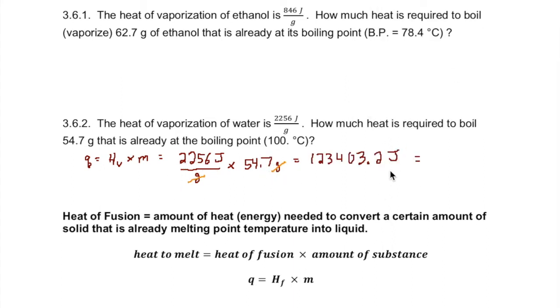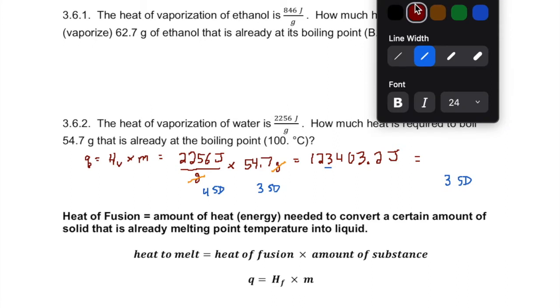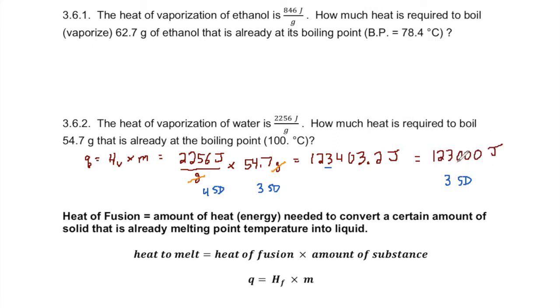We are left with joules. We have 4 significant digits here and 3 here. So we are going to want 3 in our final answer. This time it's going to be a lot easier because the last significant digit is not going to be a 0. We can just write it this way without the decimal, and that would show 3 significant digits. You can write it in scientific notation if you want to, but this time it's not so tricky.